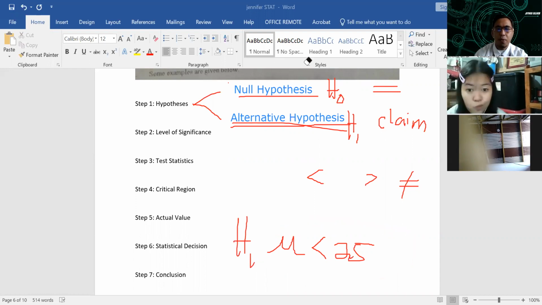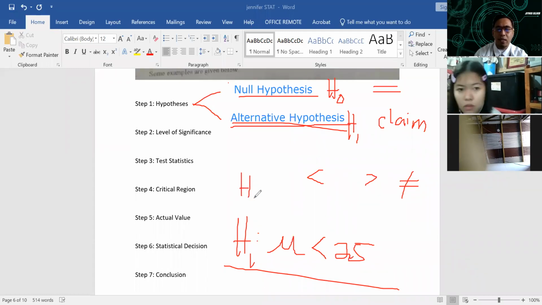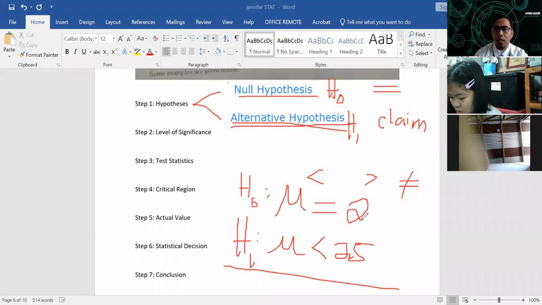Okay, say for example, our alternative hypothesis is this, then our null hypothesis will look like this. As I have said, the null hypothesis will always involve equality, right? So it should be population mean is equal to 25. Clear? Again, your alternative hypothesis will be based from your claim.